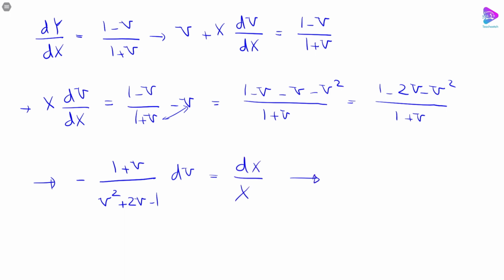And from here on we can integrate and then solve it. So basically we can integrate, this would be ln, and so on and so forth. We've seen a lot of examples for these specific cases, and that would be it.